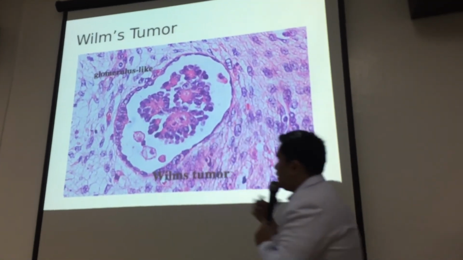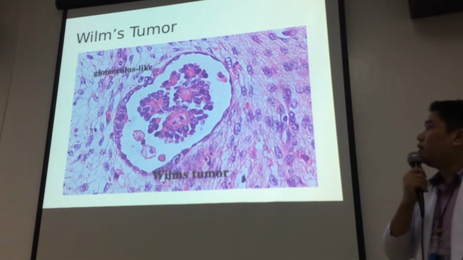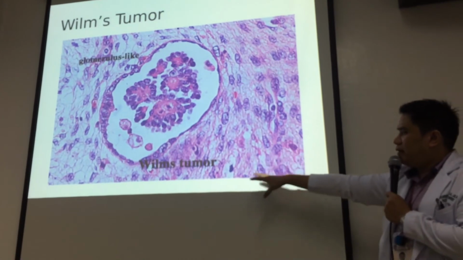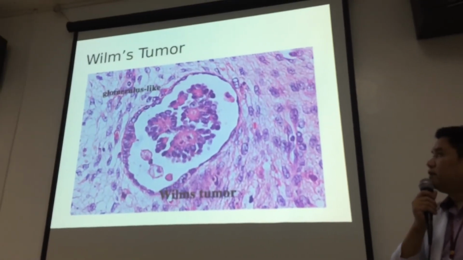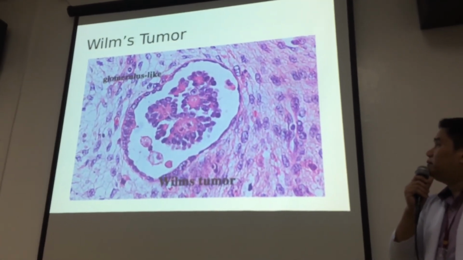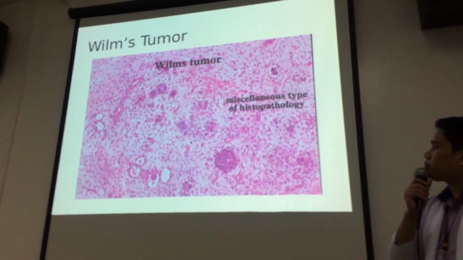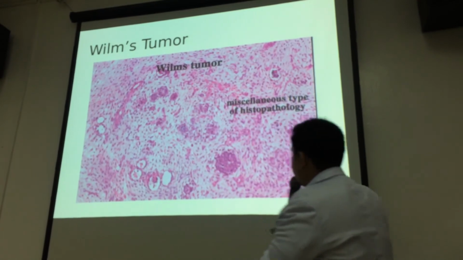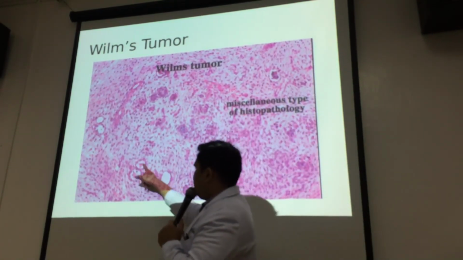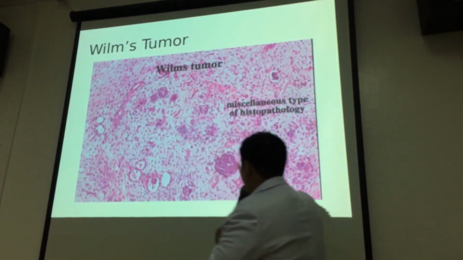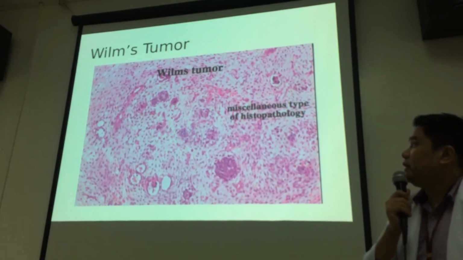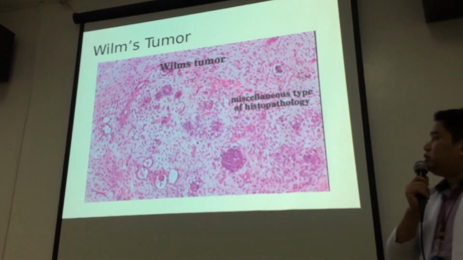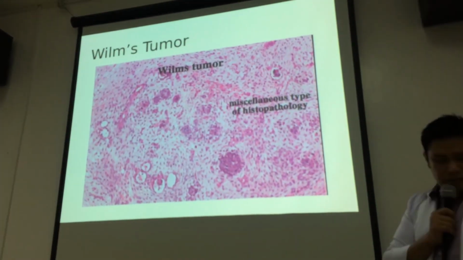At the center are your blastemal cells attempting to form a glomerulus. Then the background is a loose spindle cell tissue. Again, glomeruloid body formation by your blastemal cells, abortive tubules, and vast areas of spindle cells. So those are the three components of your Wilms tumor or your nephroblastoma.